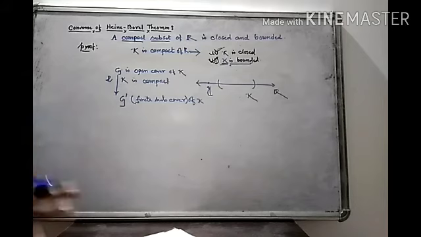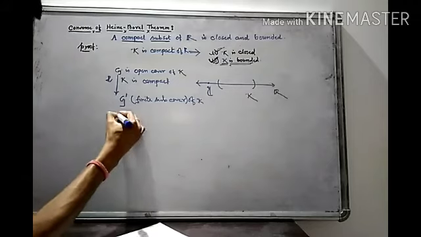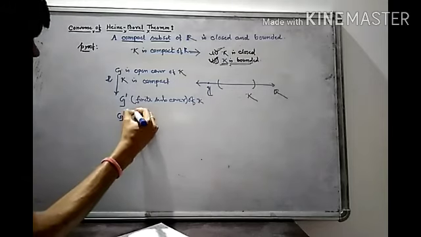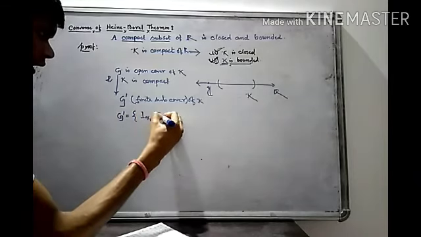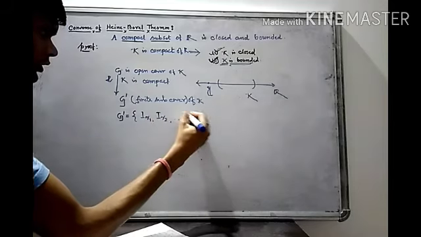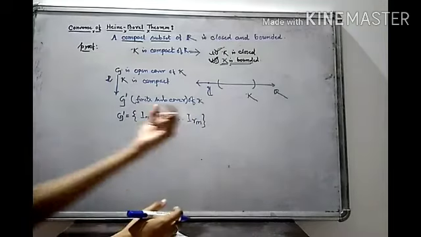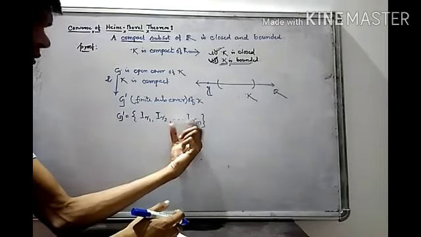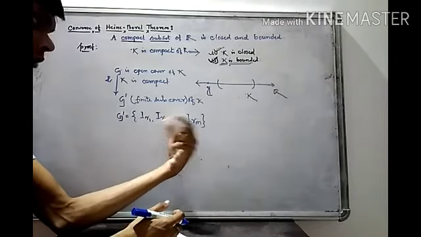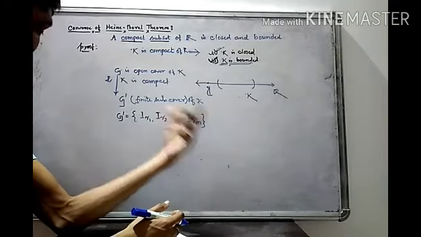That means this script G prime contains a finite number of open intervals. So consider those intervals as script G prime, the set of all I_R1, I_R2, dot dot dot, I_RM. This is not the same as the previous open sets. Here you can take IP1, IP2, anything, IPM or IS1, IS2, IS3, anything.